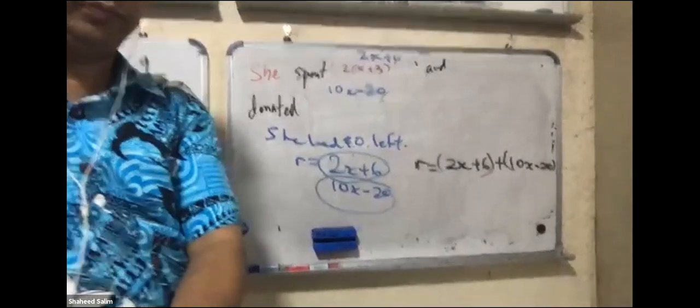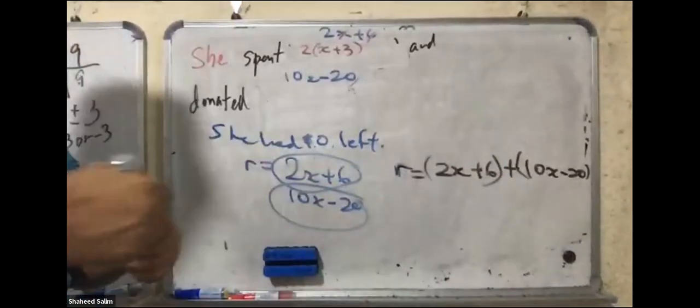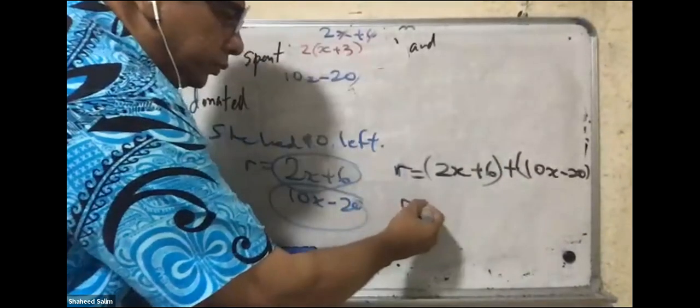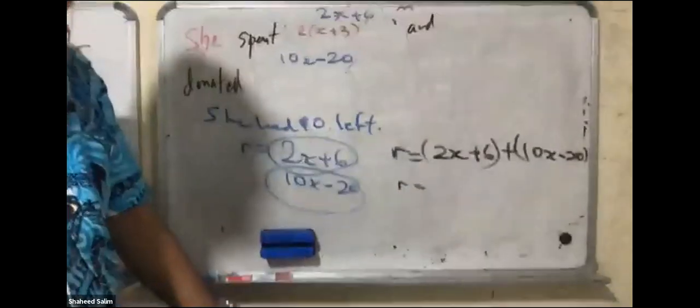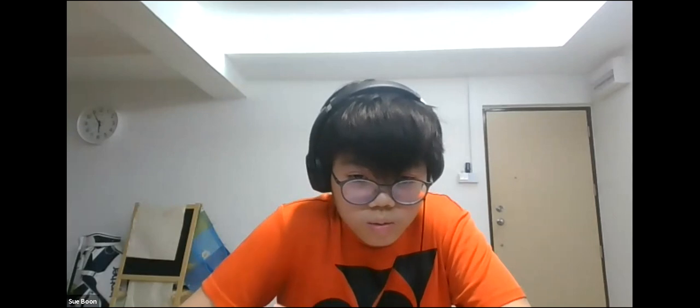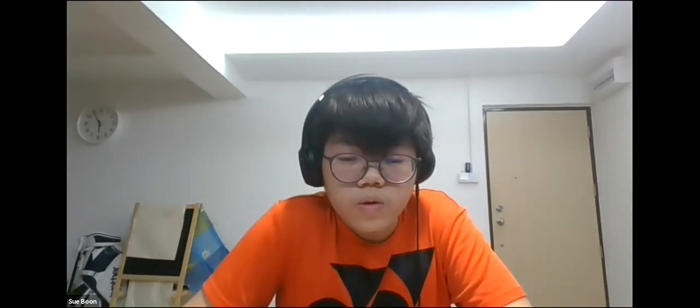You see now? So what do you do? One more step. Just remove the bracket here. What's your answer? R equals to what? No. R equals to 12x. You owe $20.